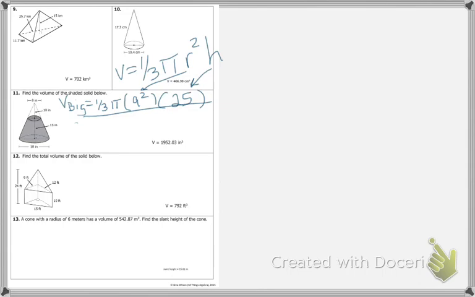We're just going to rinse and repeat this for the small one. One-third pi. Let's get the radius first. Can we find the radius? Of course we can. They gave us this distance right here. That's the diameter, but we already know that half of it has to be 4.